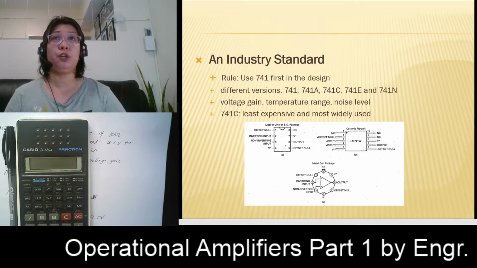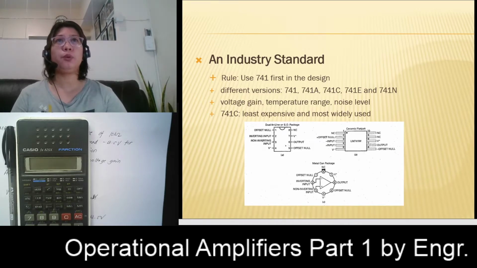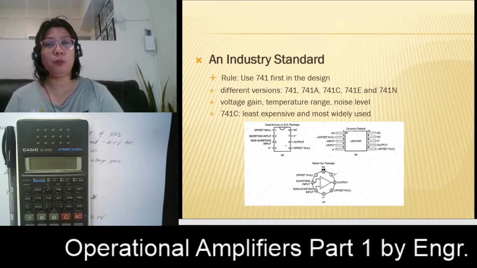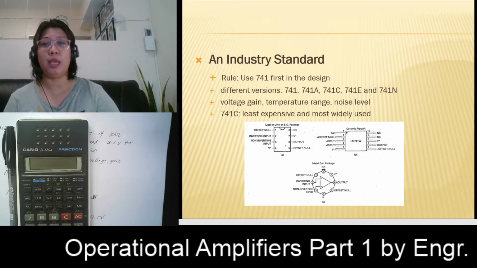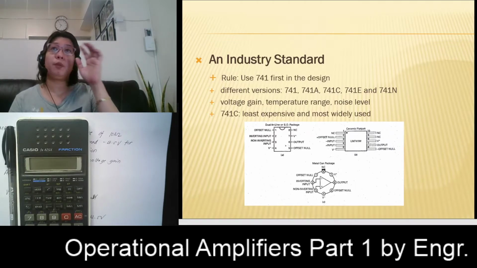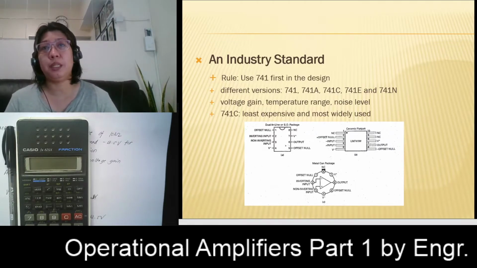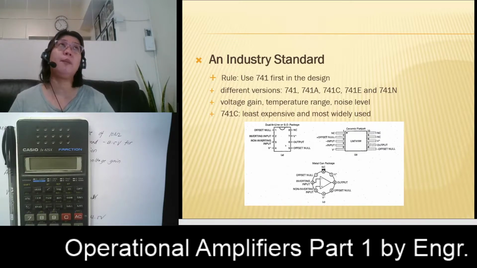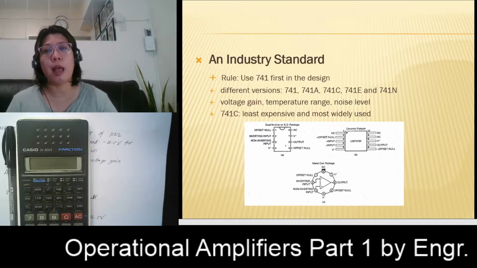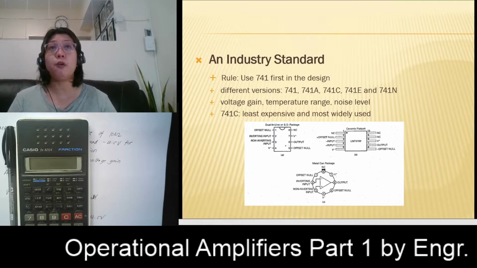We have a rule: in every design that you are going to make, you design it first by using the 741. If it does not meet your specific design specification, for example it needs a higher gain, or a higher bandwidth or a higher frequency that is not within the capability of your 741, then that is the time that you upgrade to a better op amp.